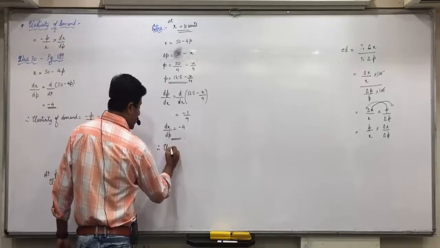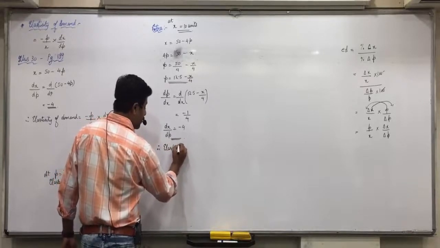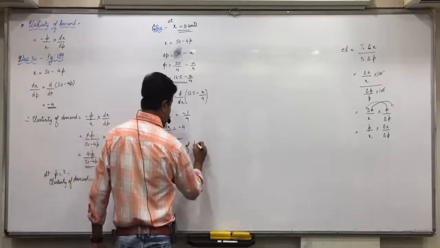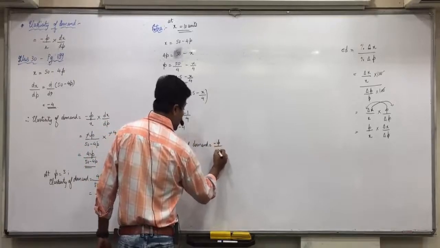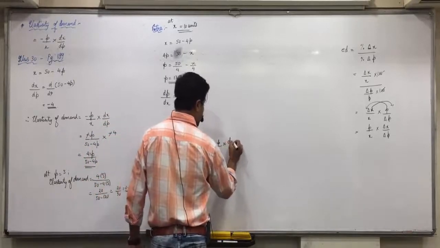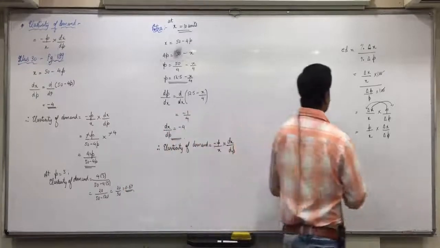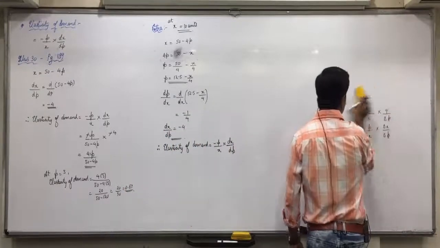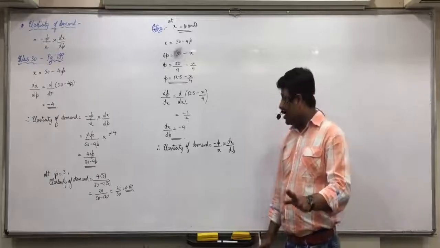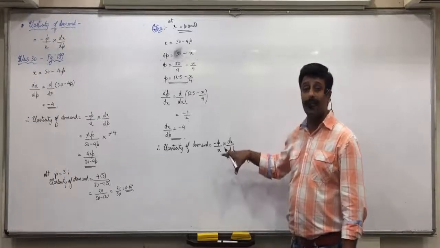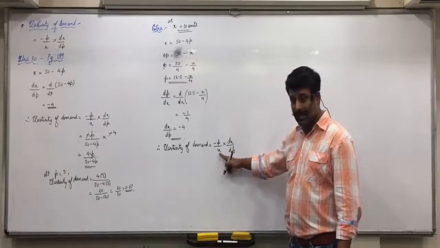Now we apply the formula. Therefore, elasticity of demand is equal to minus p upon x into dx upon dp. Now what did I tell you? Since elasticity is asked at x equals 10, we require this in terms of x. So x we will keep as it is.